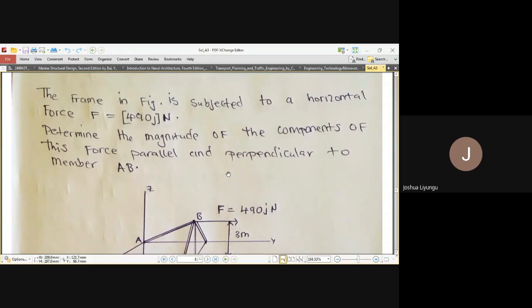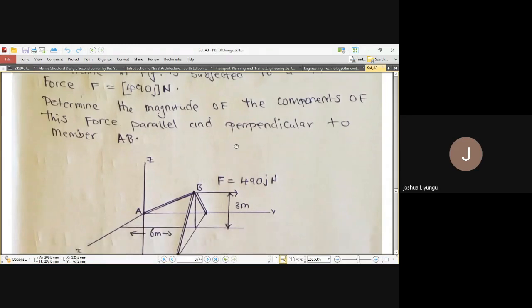Determine the magnitude of the components of this force parallel and perpendicular to member AB. The question here is saying determine the magnitude of the components of the force parallel to AB and perpendicular to AB. This is where we use our dot product.